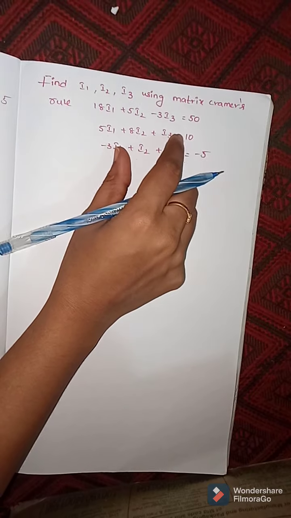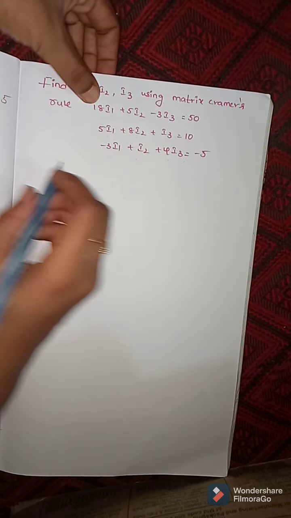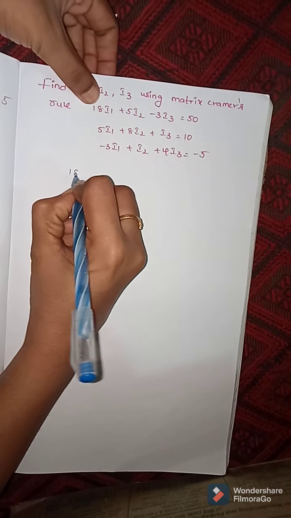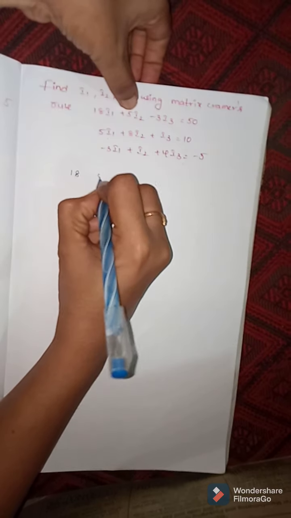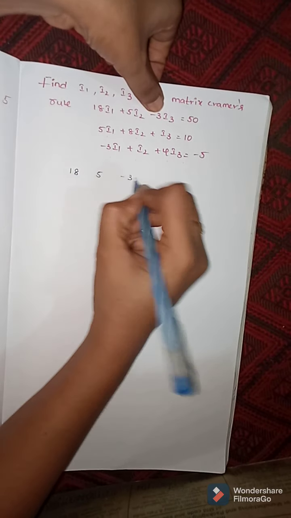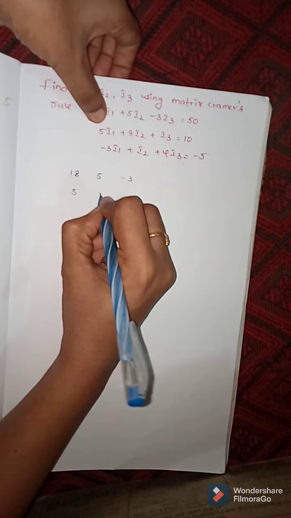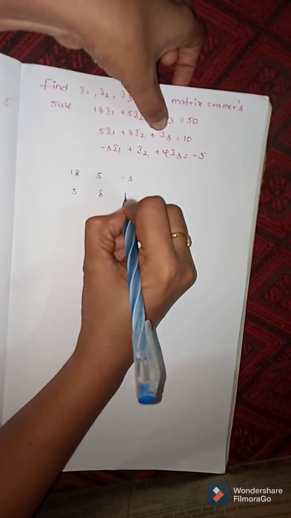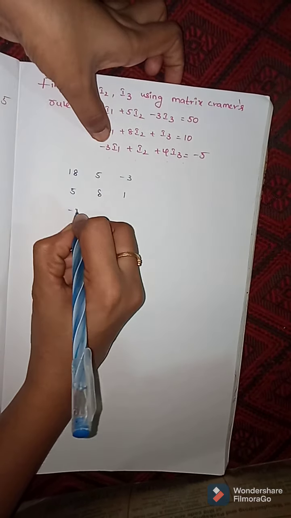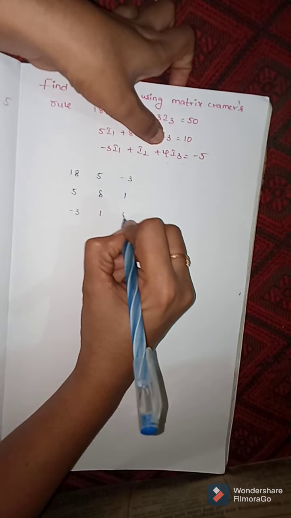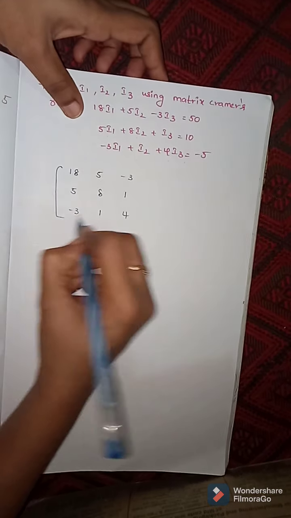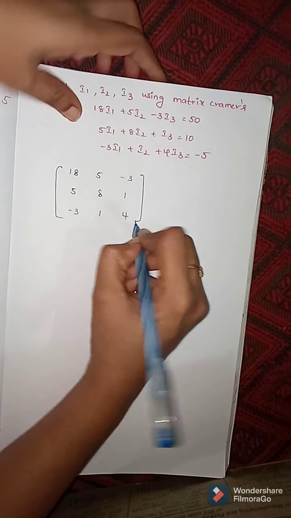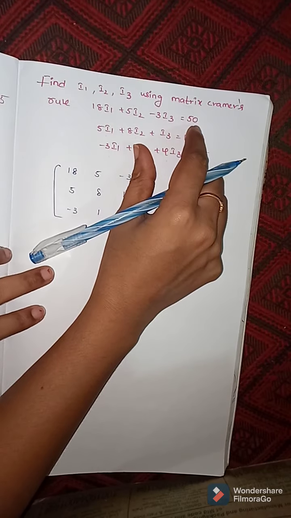First we can write the coefficients here: 18, 5, minus 3, and 5, 8, 1, minus 3, 1 and 4. These are the coefficients in these equations.